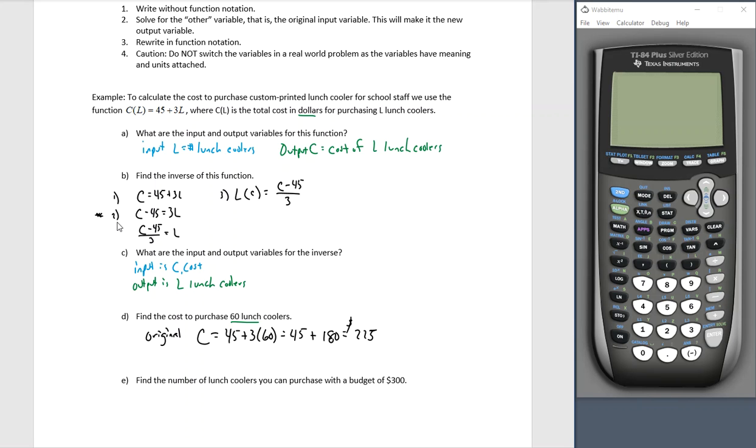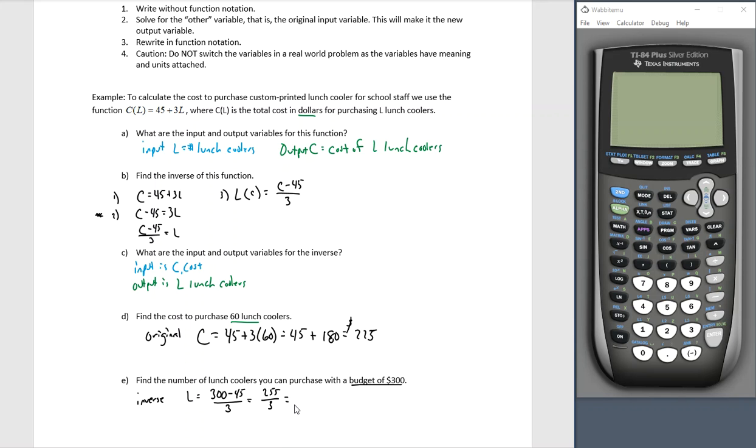Now find the number of lunch coolers you could purchase with a budget of $300. This time I know the money, so I'm going to use the inverse. The inverse tells me the number of lunch coolers if I have $300. My formula is (300 - 45)/3, so that's 255 divided by 3.